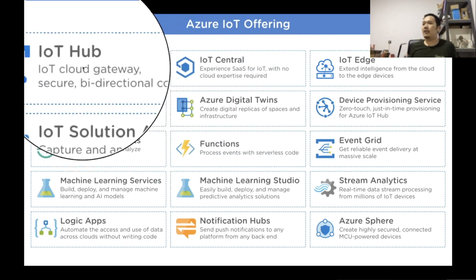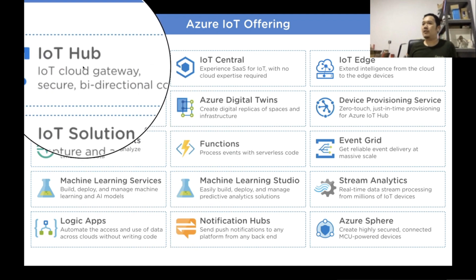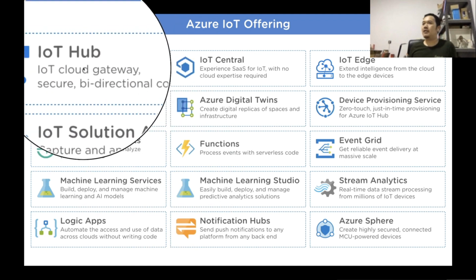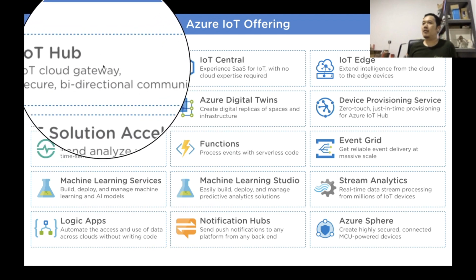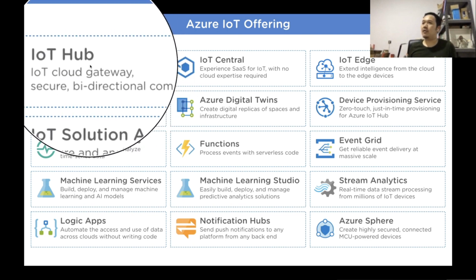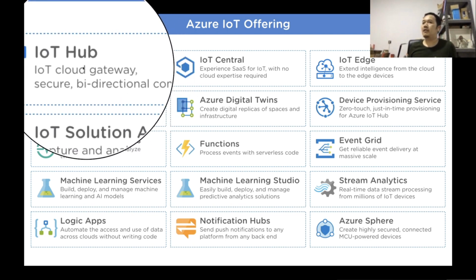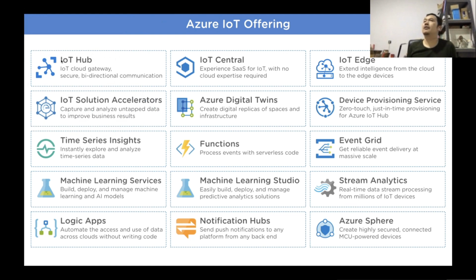Obviously, Azure IoT Hub, this will be our focus in this training. So basically, this is a communication channel or gateway, if you will, or in IoT we call it ingestion services.